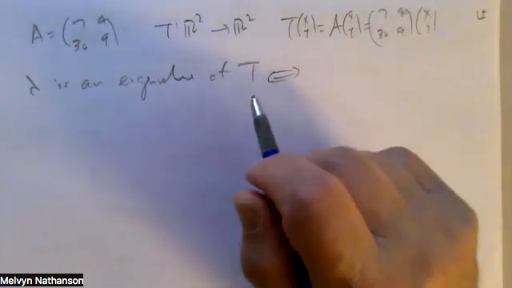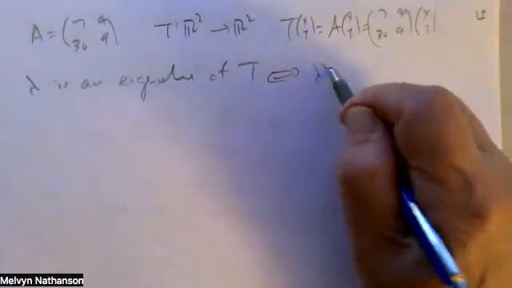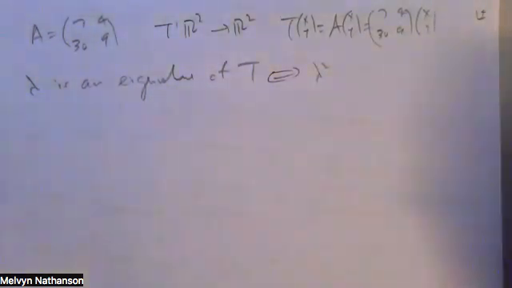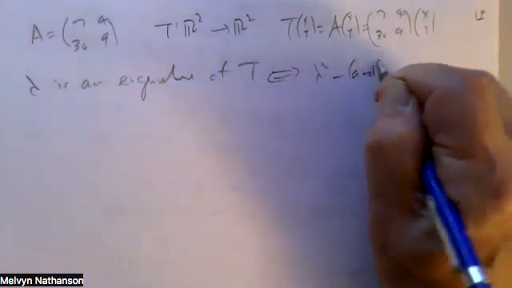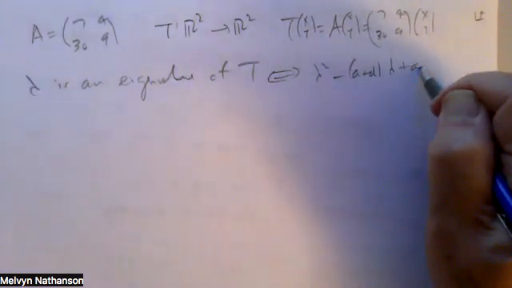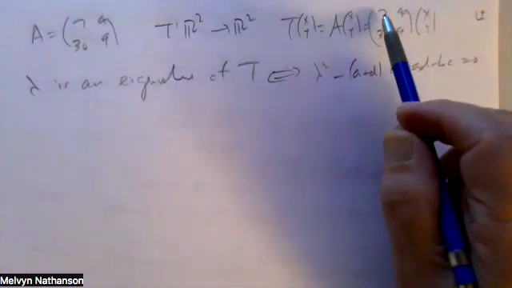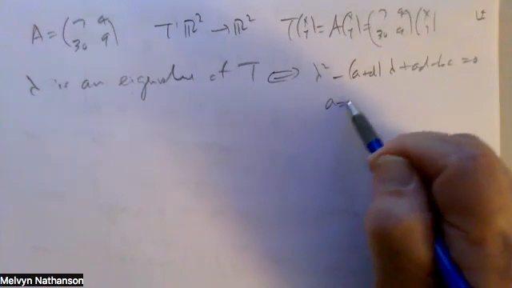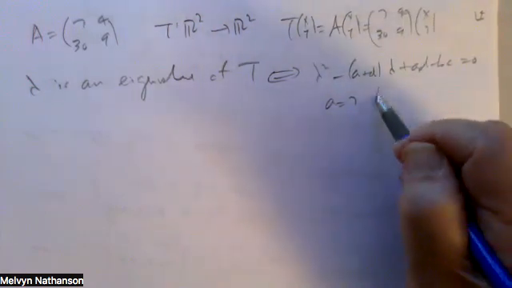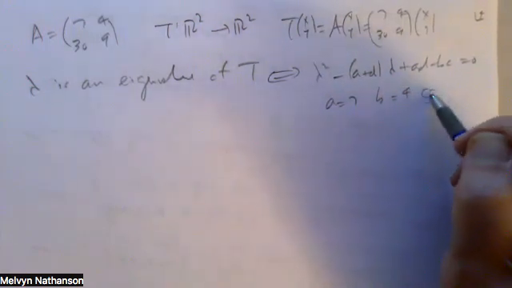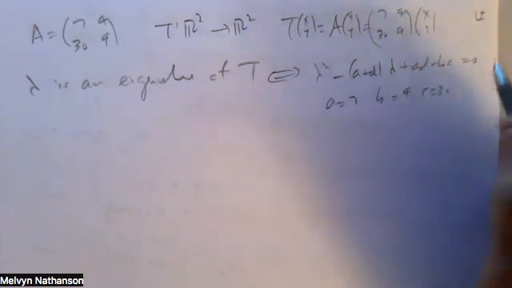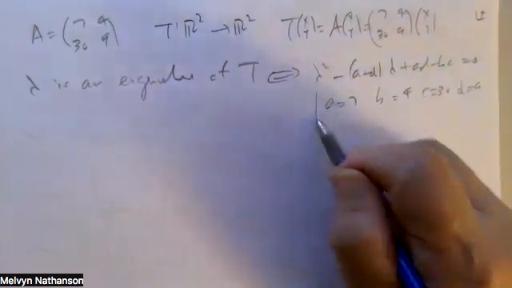What is the quadratic equation? The quadratic equation is lambda squared minus (a plus d) lambda plus ad minus bc equals 0. In this case, a is 7, b is 4, c is 30, and d is 9.